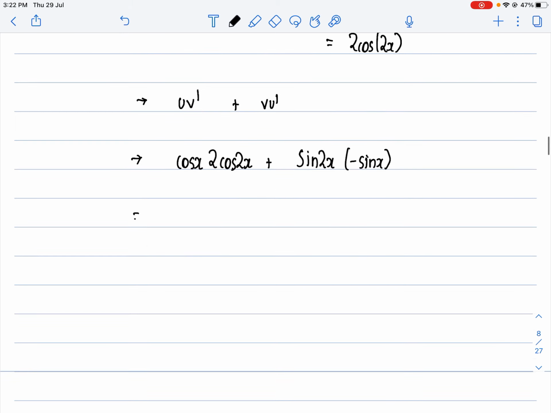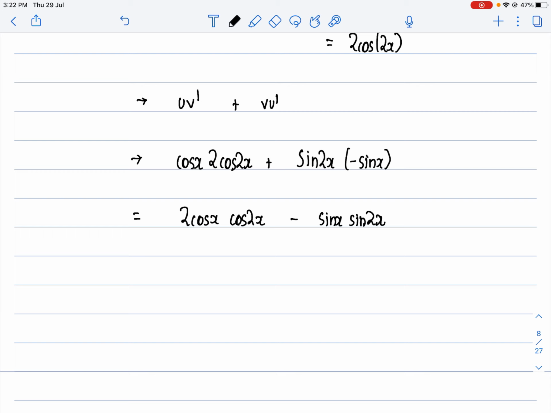Now I can write this as 2 cos x cos 2x minus sin x sin 2x. Now I know this is my dy by dx.